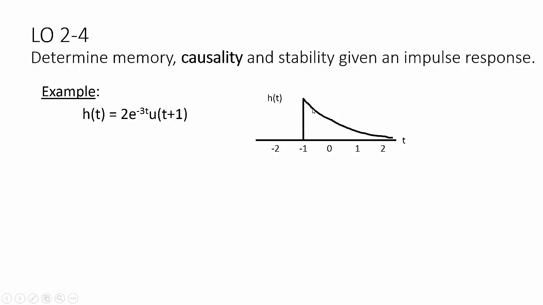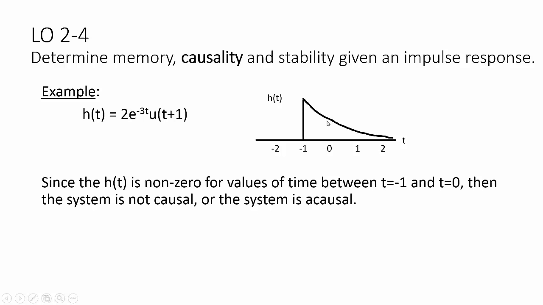Yes, there's this huge amount of non-zero amplitude for h of t before time 0. Since the impulse response is non-zero for values of time between t is negative 1 and t is 0, then the system is not causal, or the system is acausal. Note how this answer refers to the specific question that was provided.